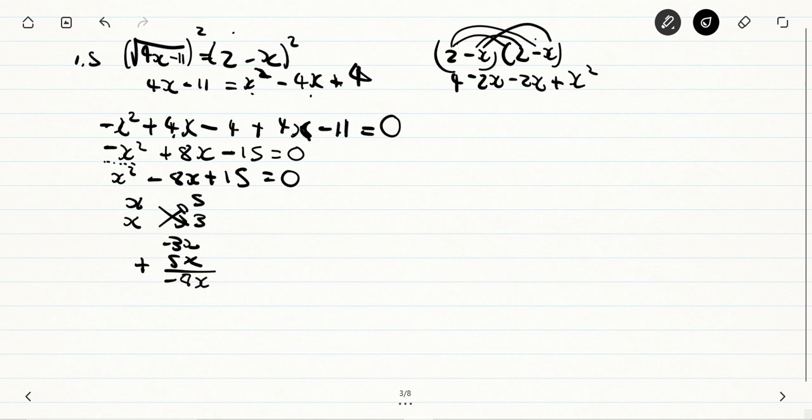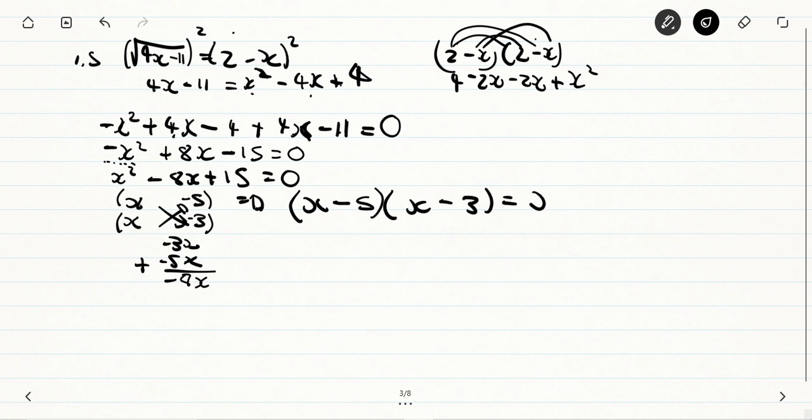They would have to be both negative, because negative 3x plus negative 5x is going to be equal to negative 8x. And now we have to account for the negatives by putting a negative here and a negative there, and calling this bracket 1, calling this bracket 2. As a result, we would have something like this: x minus 5 multiplied by x minus 3 is equal to 0.